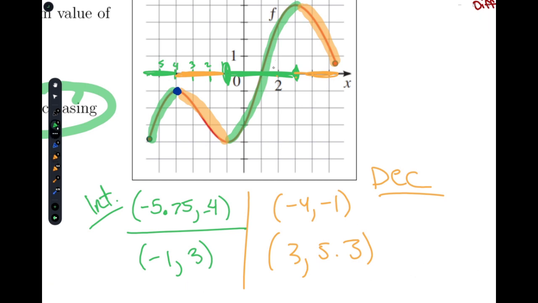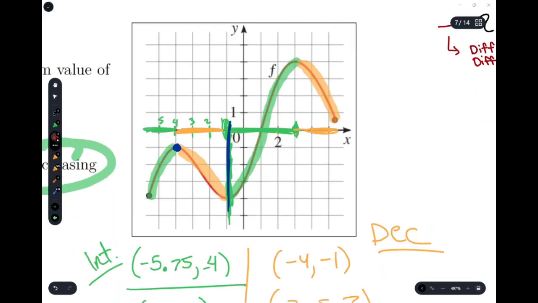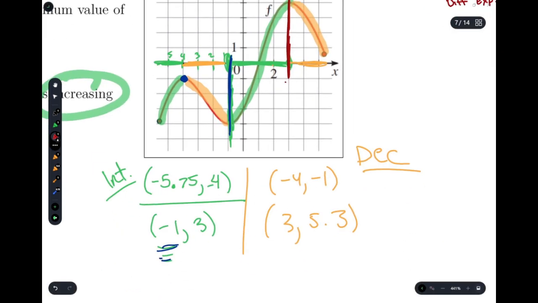This second green thing? Correct. And this is the first starting point. This line right here is where we got the -1 from. This blue line gives us this blue number, and this red line gives us where it stops. That's where it stopped increasing, and that number is +3.